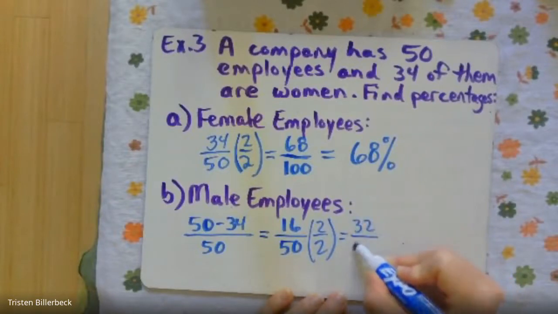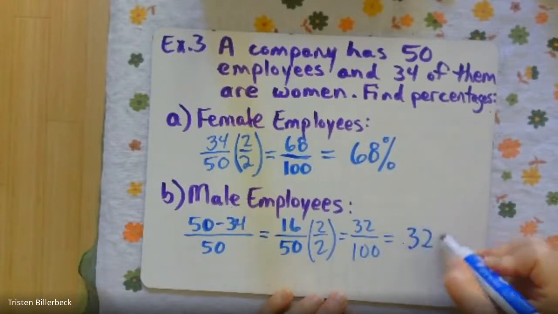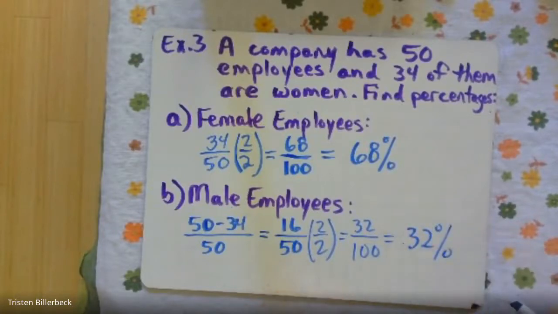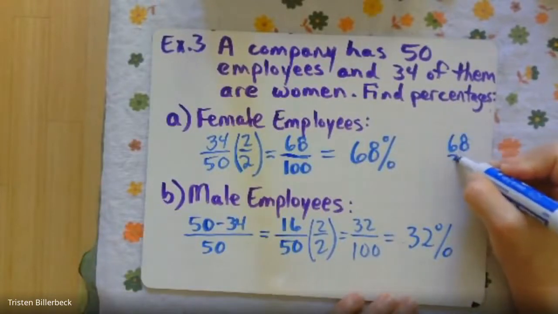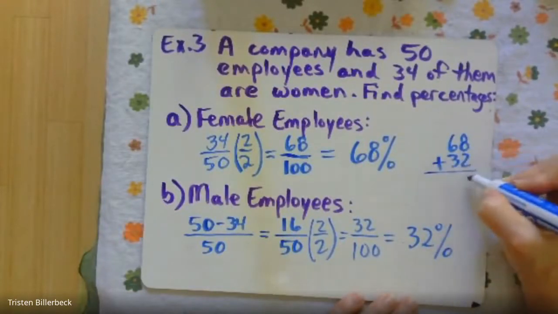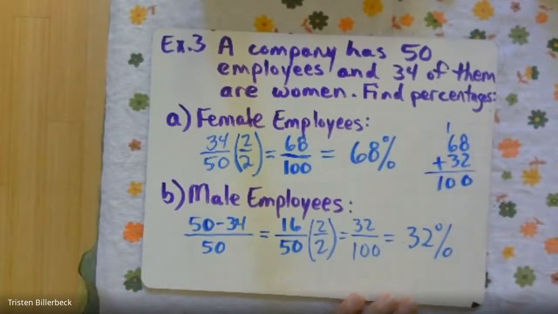So we have 32 over 100, and that's 32%. Now, if we have done everything right, 68 and 32 should equal 100. Okay, so there you go.